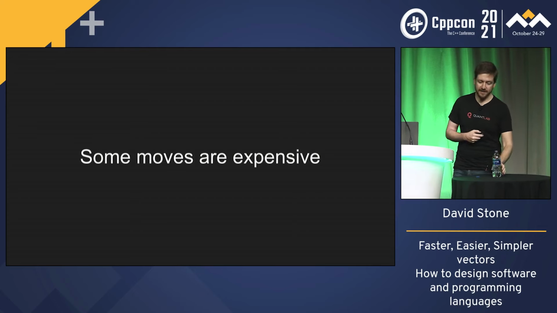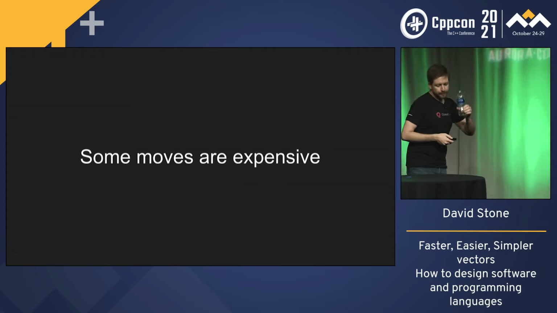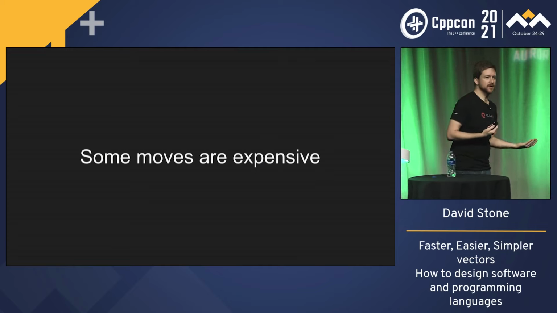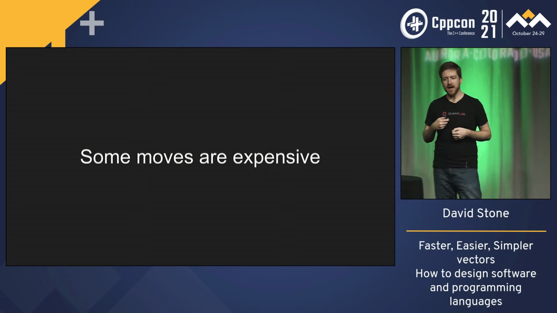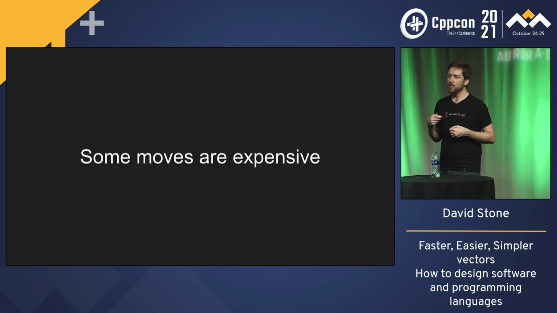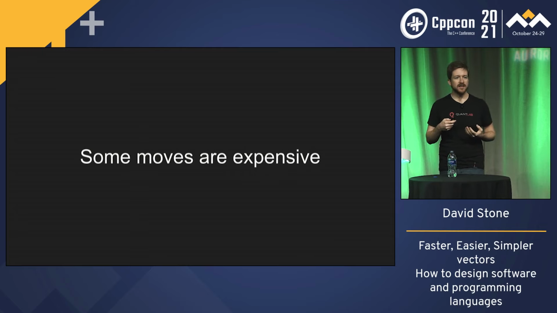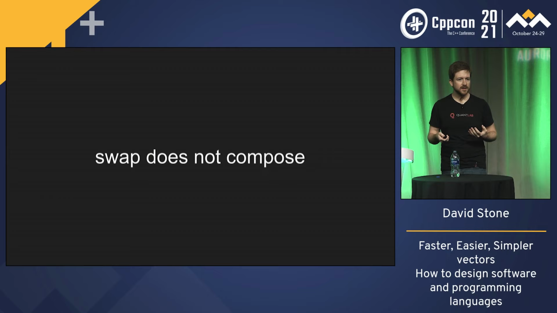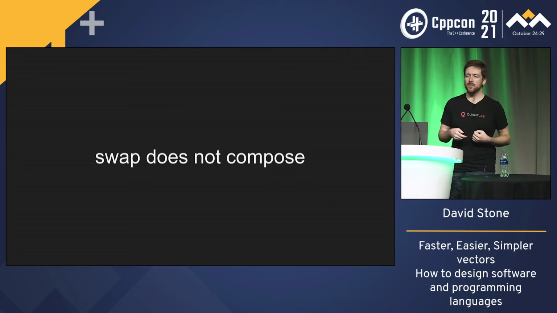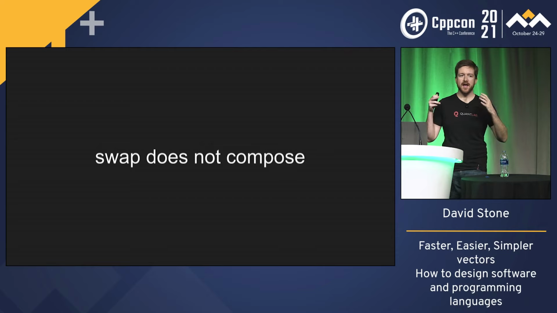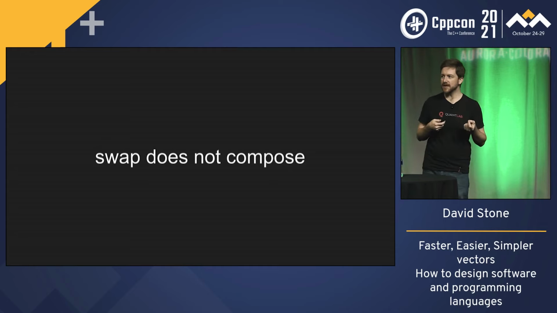Some moves are expensive. So this kind of comes down to the issue of relocation versus move. We don't have relocation support built into the language. So we do a move constructor, and then we do a call to a destructor, but that doesn't always generate the code that we want. Swap does not compose, meaning if you have a data structure, you need to write your own swap for it because the default swap won't actually optimize properly.